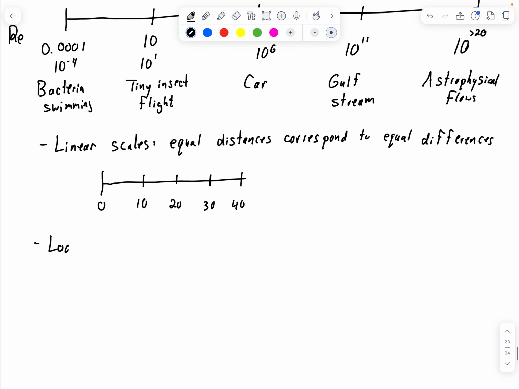In contrast, on a log scale, equal distances correspond to multiplying by 10.